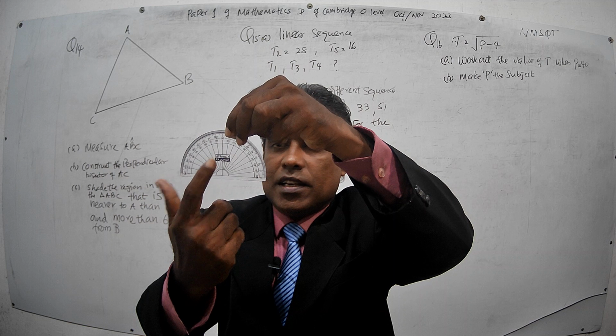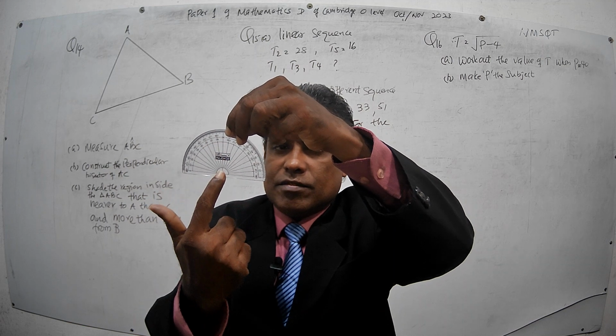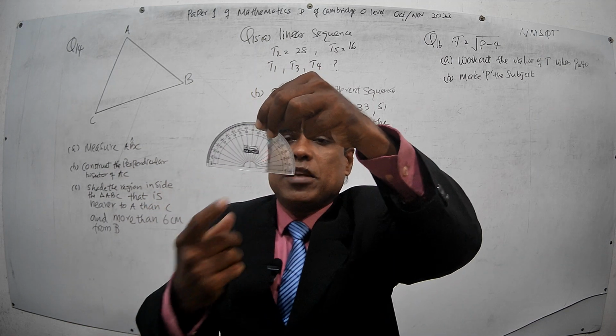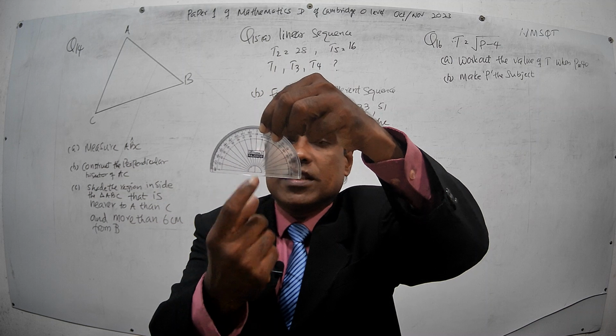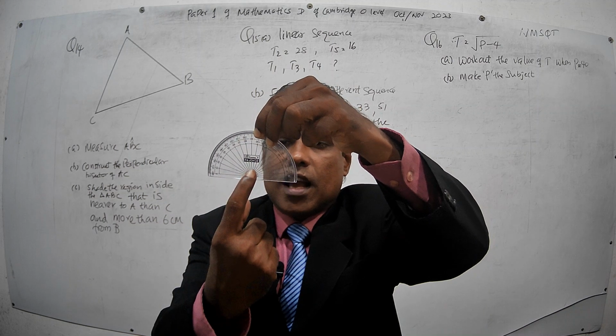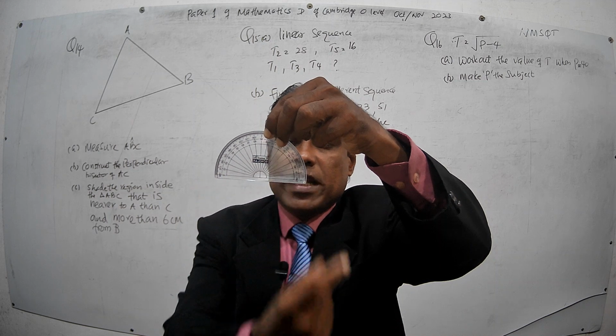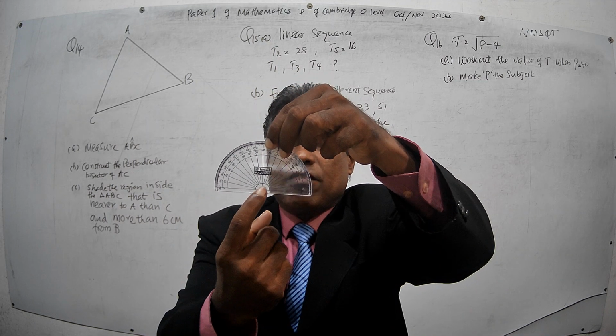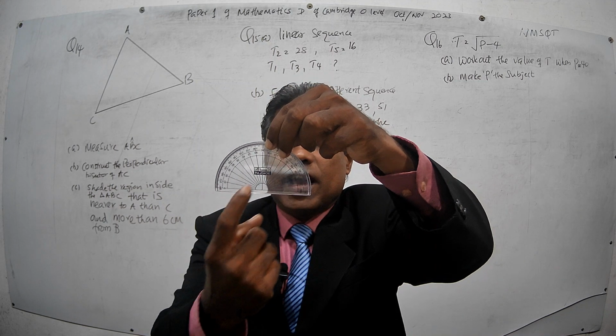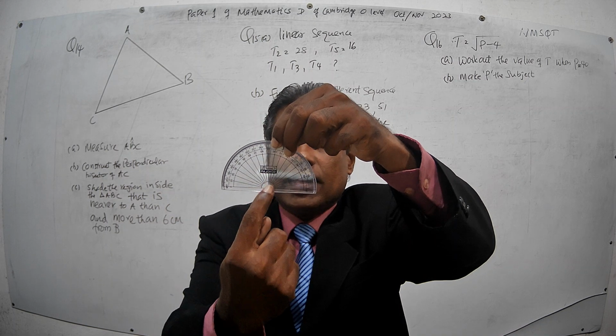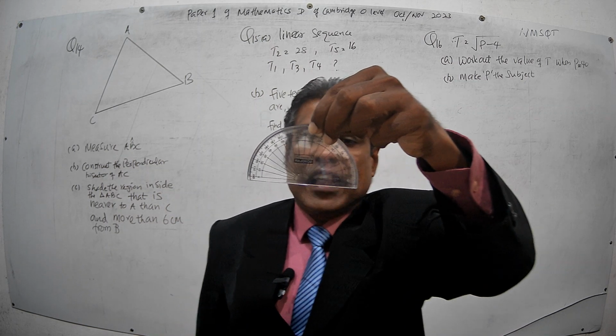You can find the 90-degree line here, right? To measure an angle, this 90-degree line meets this horizontal line. This horizontal line is called the baseline. Then the point at which this baseline and this 90-degree line intersect is called the center.